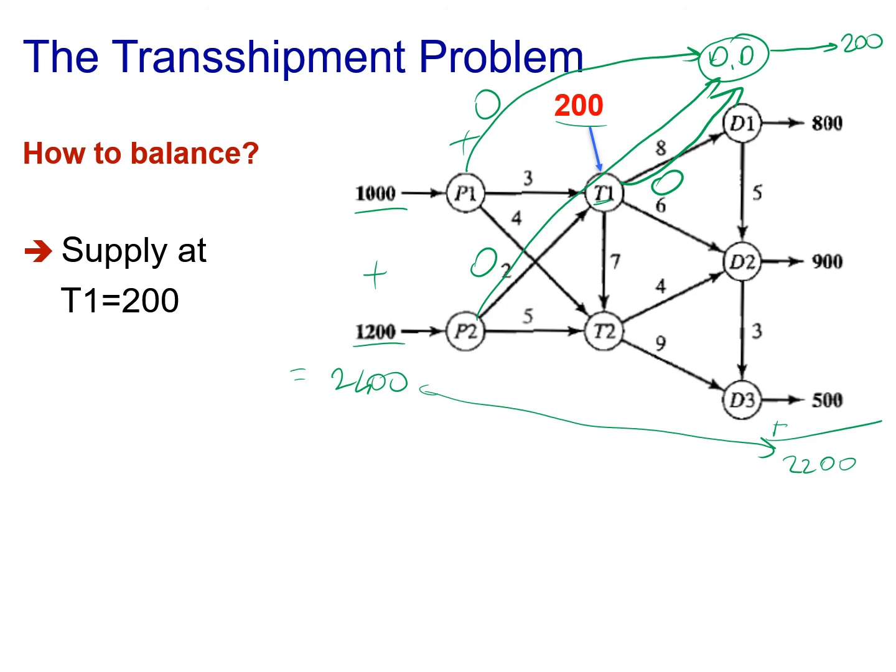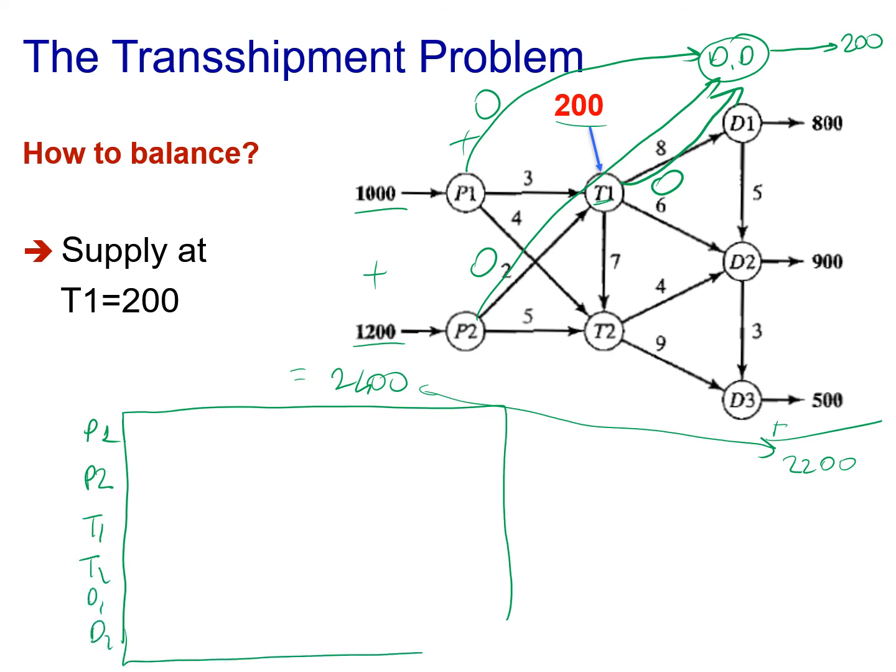So for this example, what do we write? We write this pure supply point P1 in our transportation tableau. Then we write P2. Then we write T1, T2, D1 and D2. These are the supply points. What about the demand points?